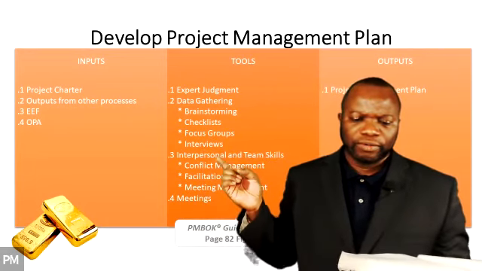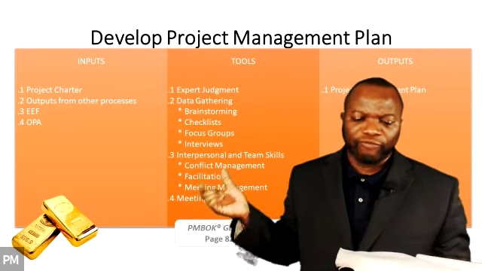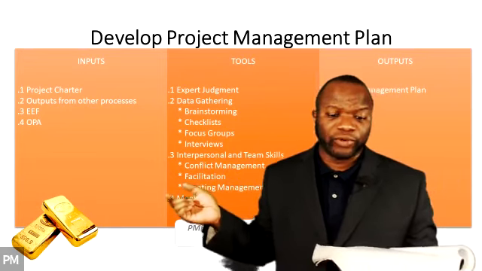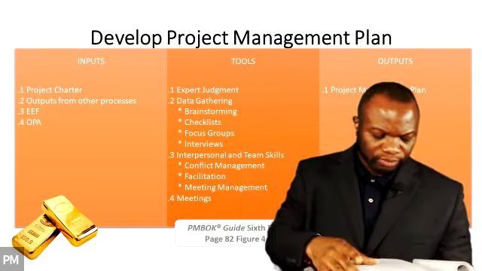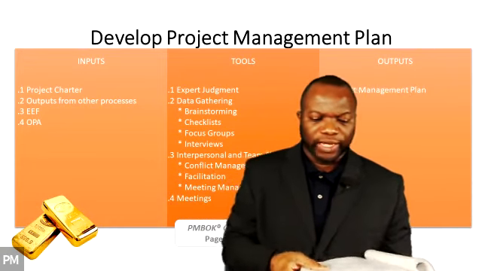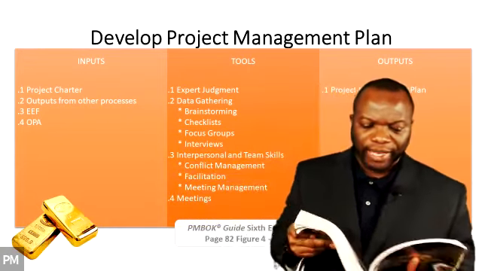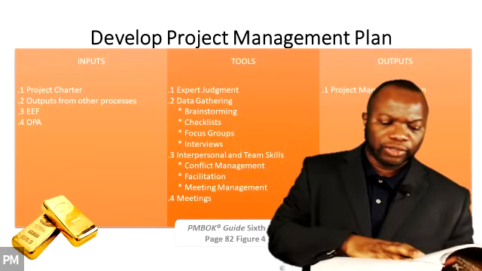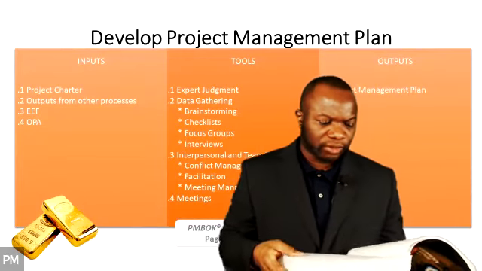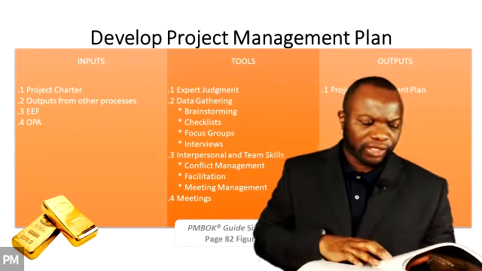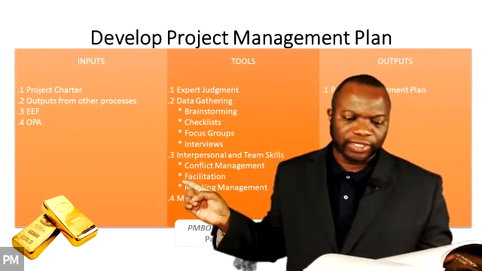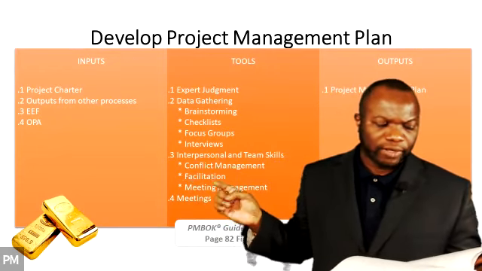And now we've got interpersonal and team skills again, very similar to what we saw before. Conflict management. If there is conflict, the project manager should use his or her great interpersonal skills in the area of conflict management to resolve conflict. Facilitation, what are we doing here?